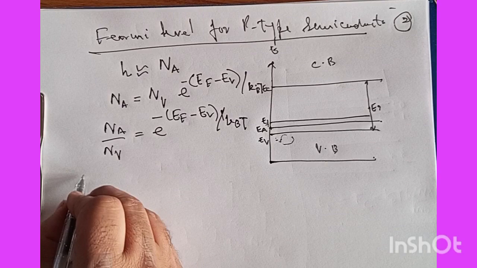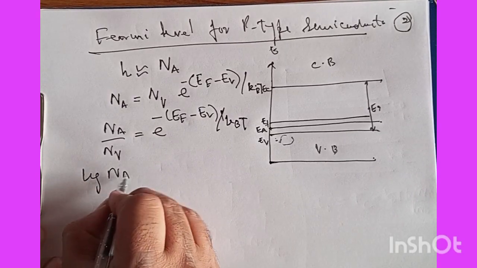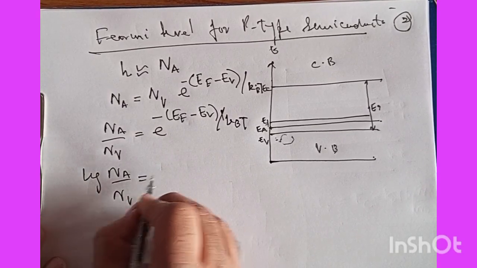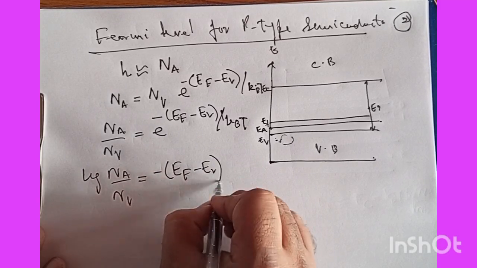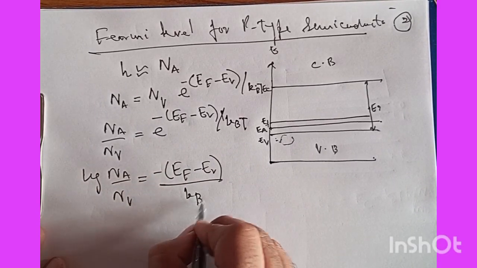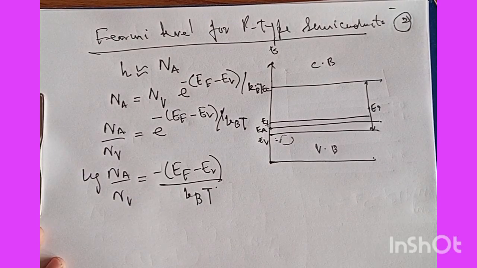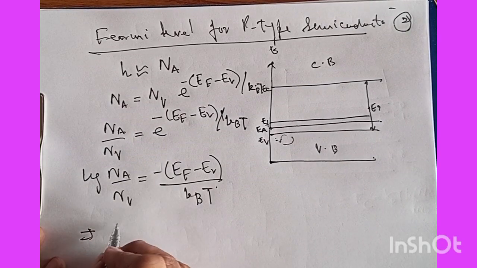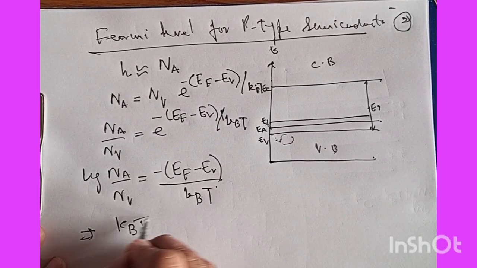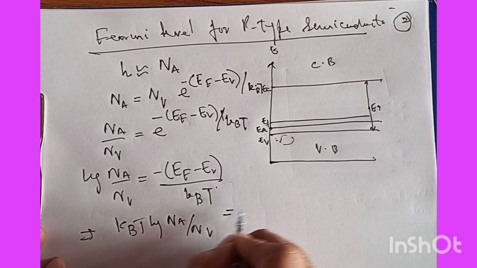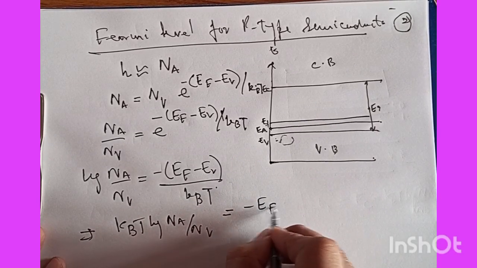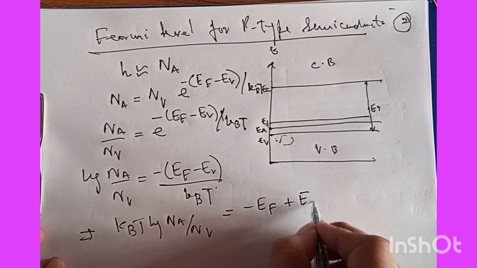There should be no problem with this. So I can write log of Na by Nv equals minus (EF minus EV) divided by kBT. That should be clear. And this kBT will come here. So this is kBT log of Na by Nv equals minus EF plus EV.